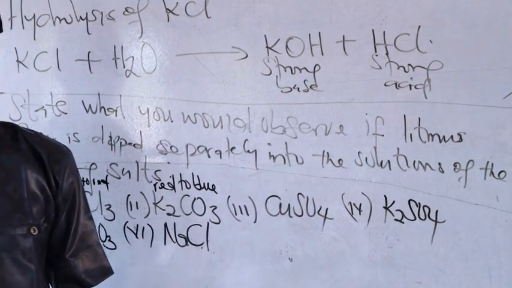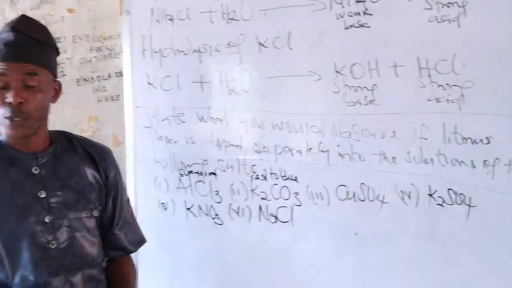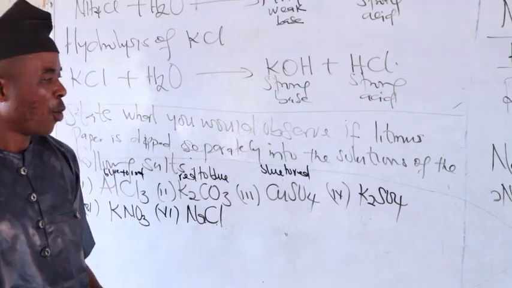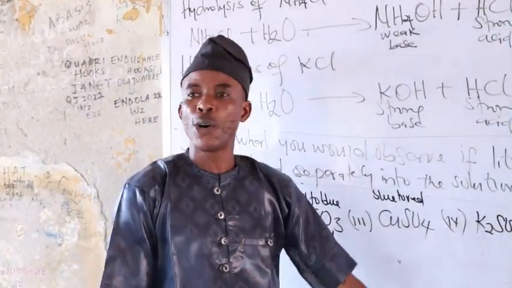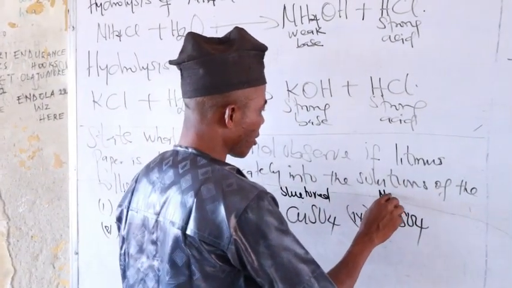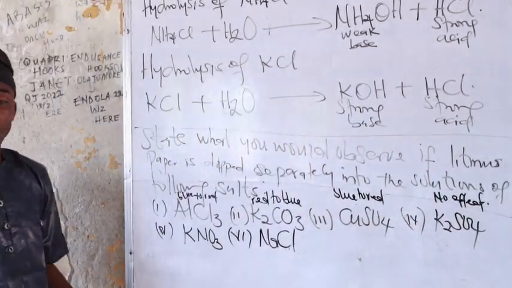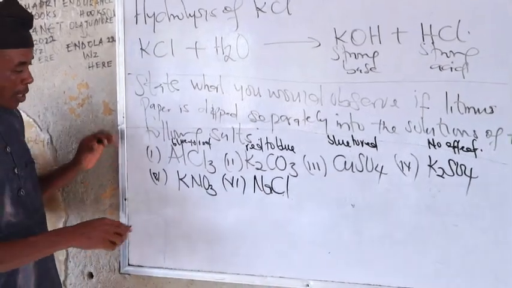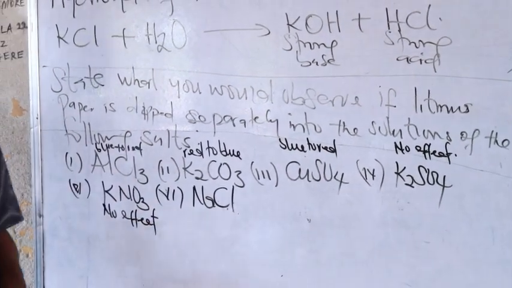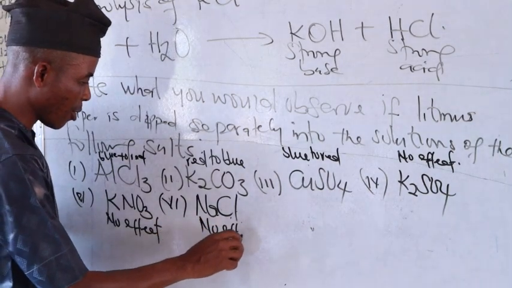Then the solution of CuSO4: blue to red. What happened to the solution of K2SO4 when you dip litmus? Neutral, no effect on litmus. What happened to the solution of potassium nitrate? Also neutral, no effect. Then what happened to the sodium chloride? No effect. These are your responses.